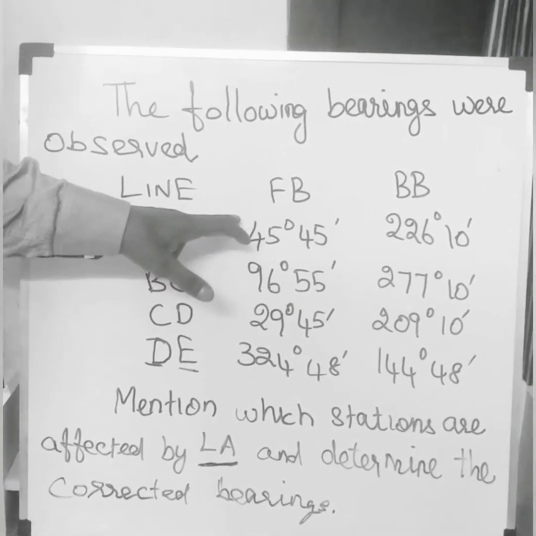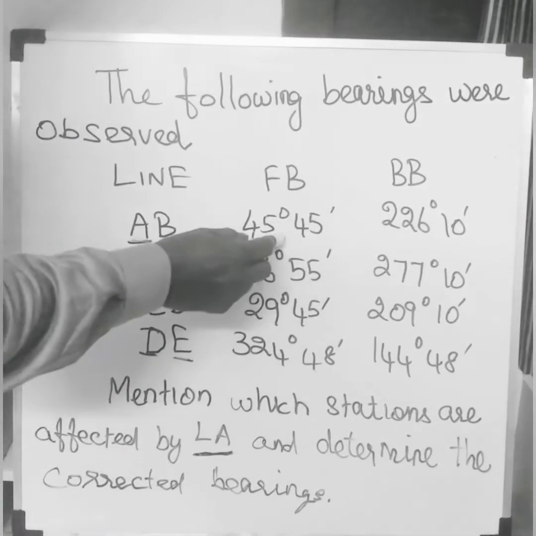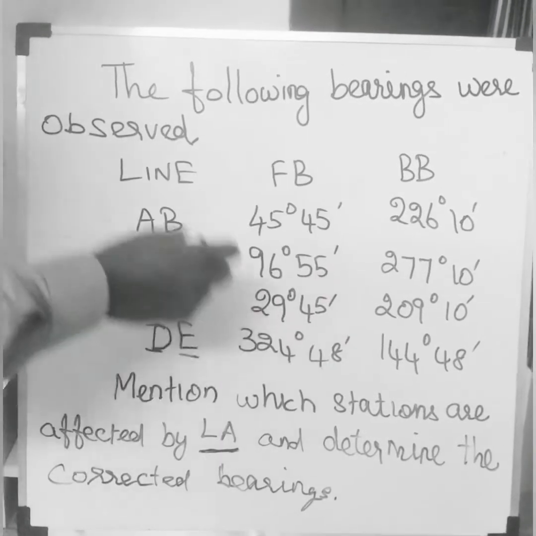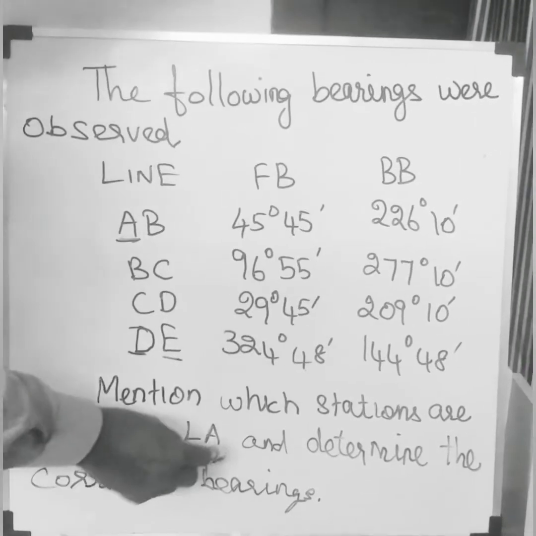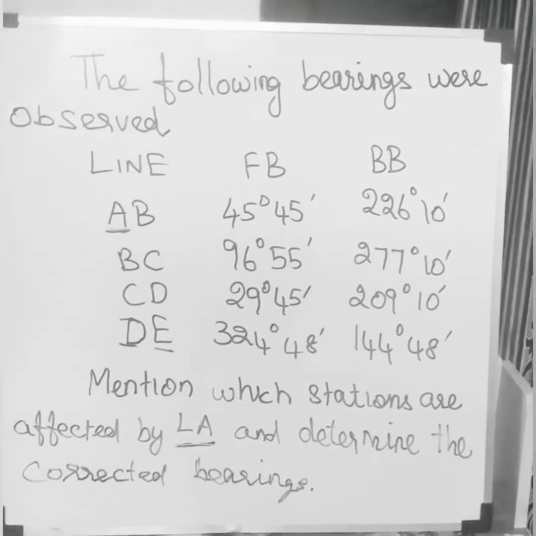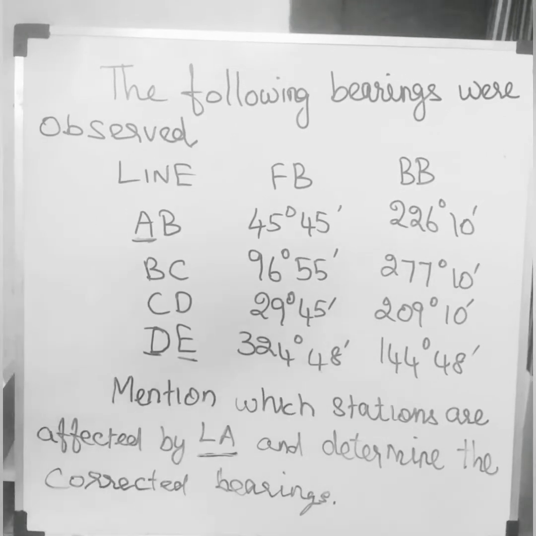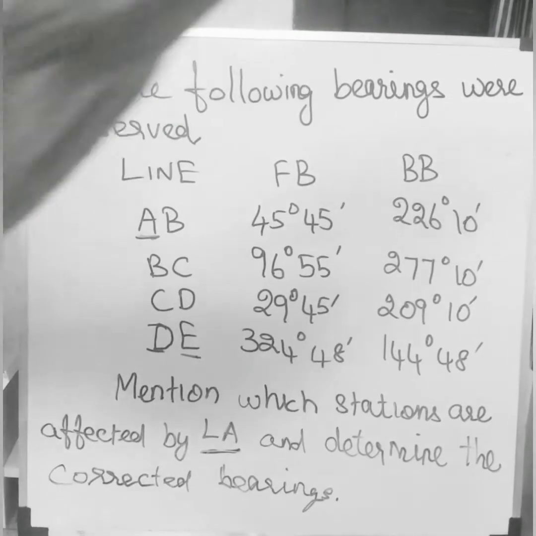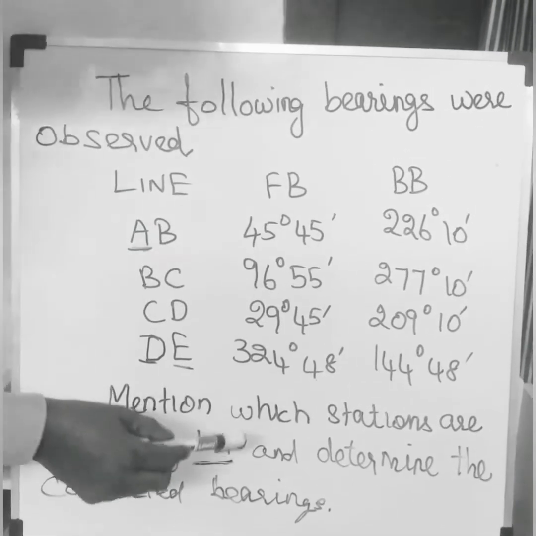If the condition is not satisfied, that is, the difference between fore bearing and back bearing is not 180 degrees, that line is affected by local attraction. Local attraction is nothing but external influences that prevent the magnetic needle from locating the true meridian, the true bearing.